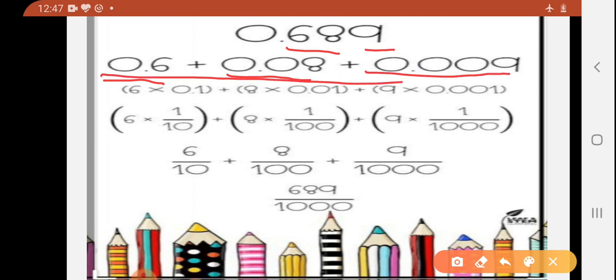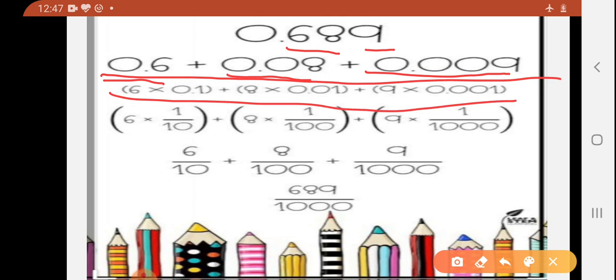This you can write like this also: 6 into 0.1, 8 into 0.01 plus 9 into 0.001. Same will come.